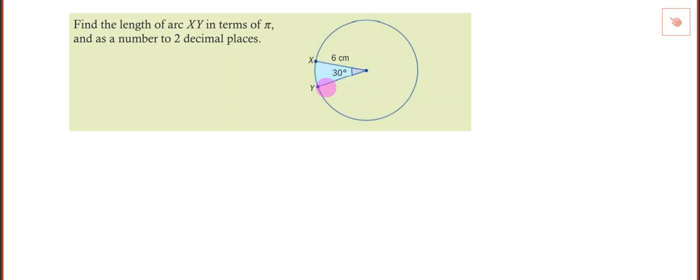How many arcs could the arc xy be? Two. It could be x to y this way, it could be x to y the other way. So we should really add to this question minor or major.